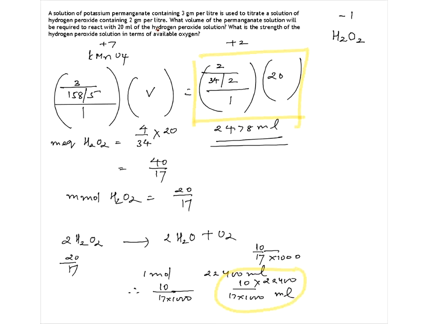Yes, anything else? Even that -1 is an oxidation state, this one. Yes, sir. Generally, in H2O the oxidation state of oxygen is -2 and in H2O2 it's -1, sir. That's right.